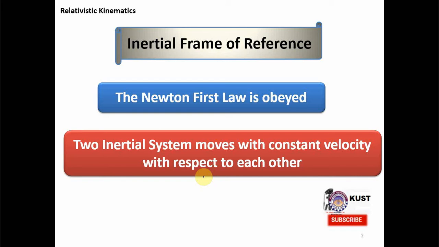Suppose you have two inertial frames of reference and one of them is moving with changing relative velocity to another one, it means that this first one is accelerating and this is not an inertial frame of reference. So, inertial frames of reference will always be moving with constant velocity with respect to each other.